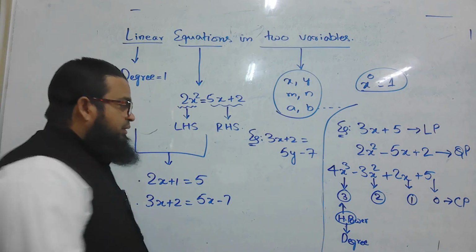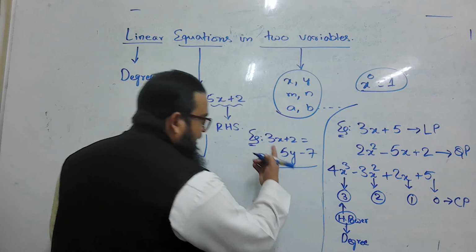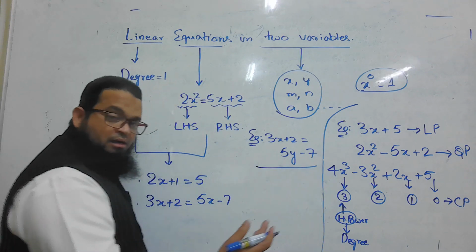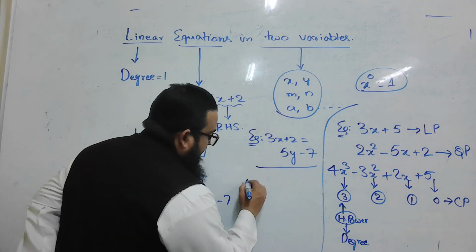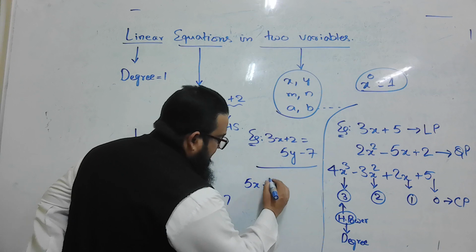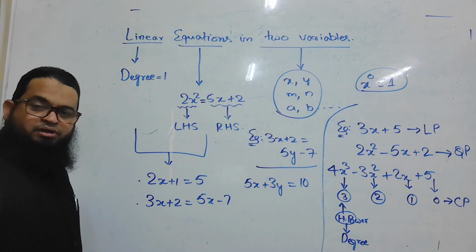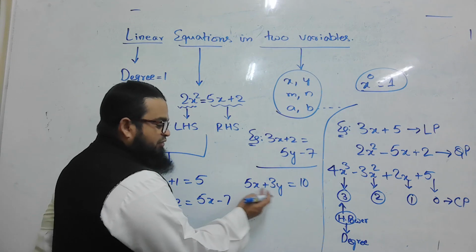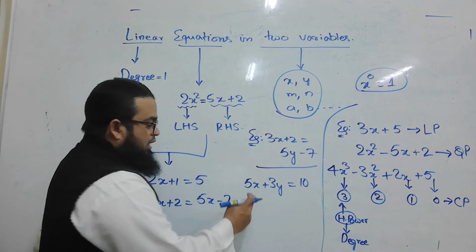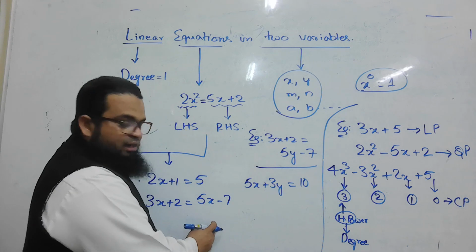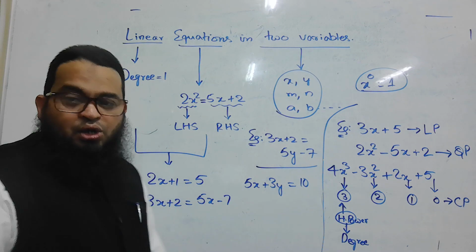Understood, my dear students? One more time, let me write another linear equation in two variables. x plus 3y equal to 10 is a linear equation in two variables because the power of the variables is 1 and you have x and y. Is it right?